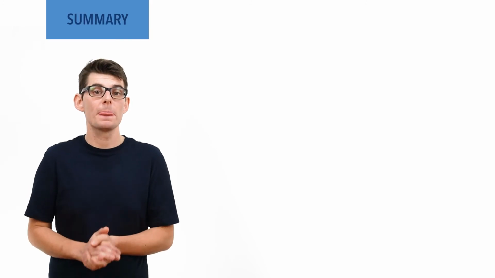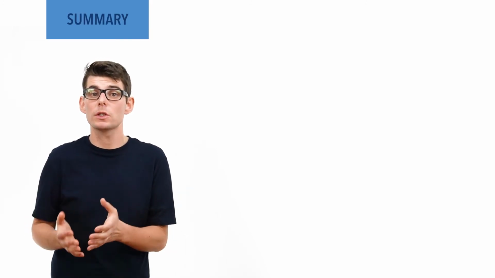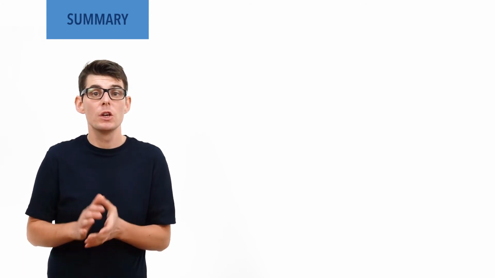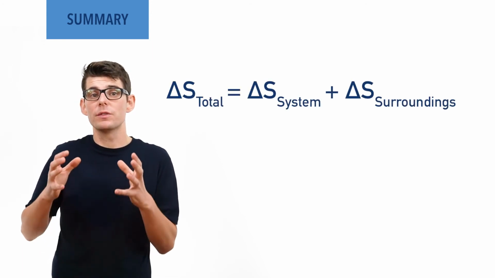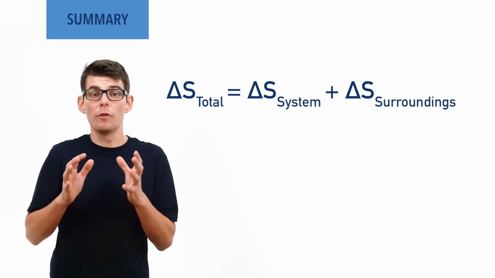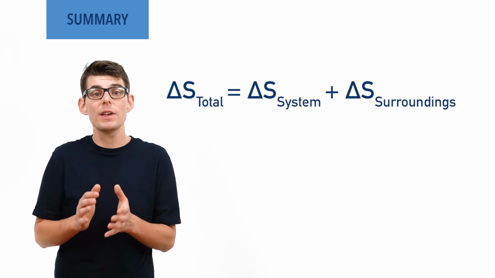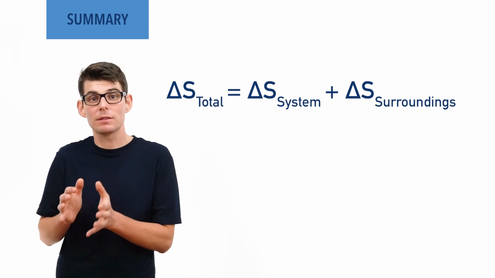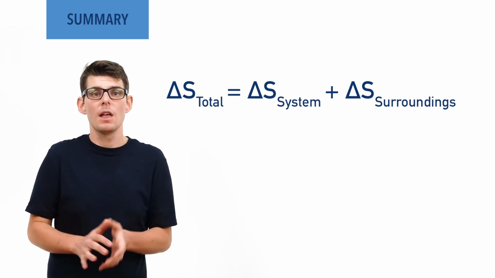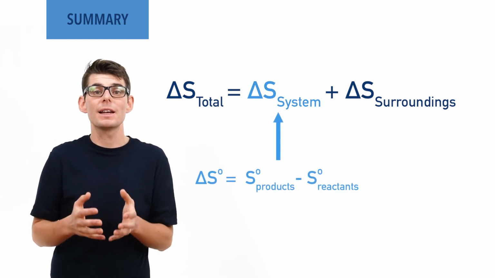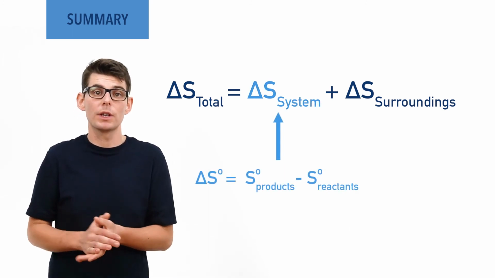So, to summarize, both the entropies of reacting particles and their surroundings change during a chemical reaction. Total entropy change refers to the combined entropy change of both the reacting particles, delta S system, and the entropy change of surroundings, delta S surroundings. The change in entropy of the system can be determined by using the standard molar entropies of reactants and products.